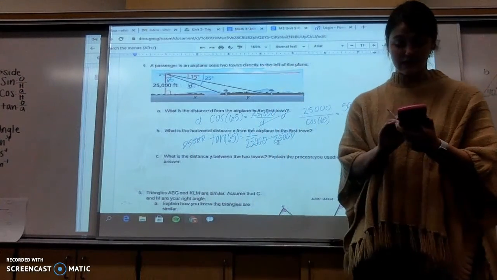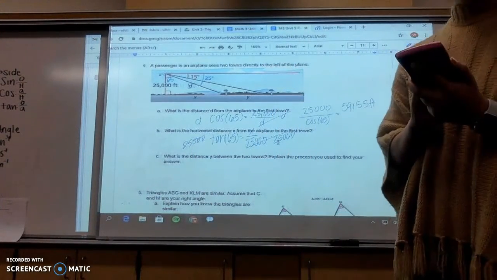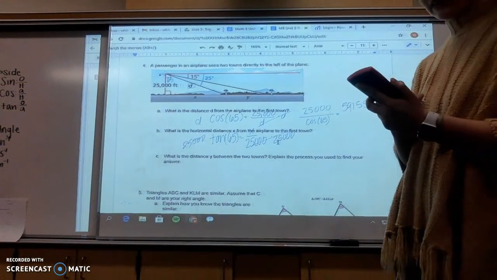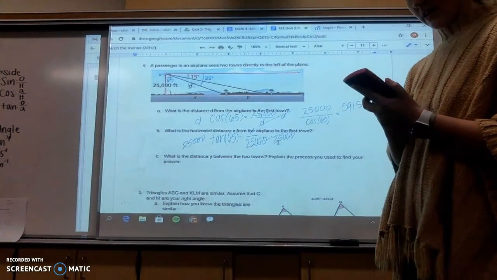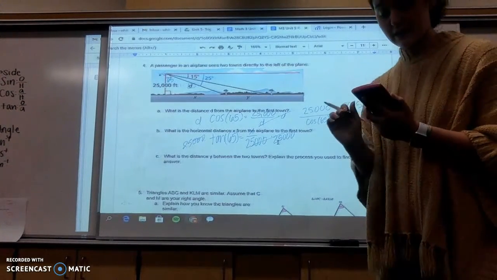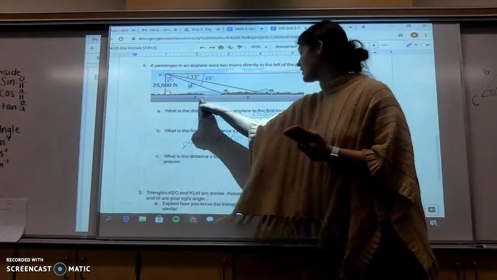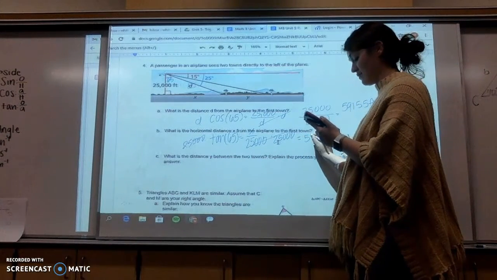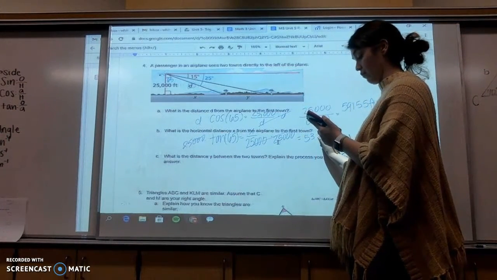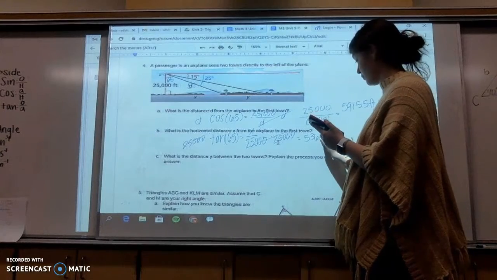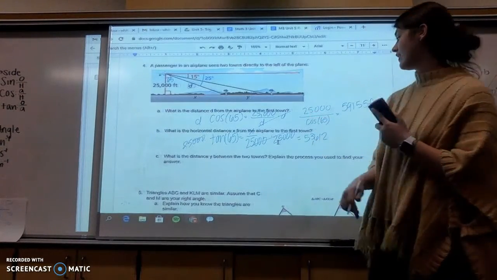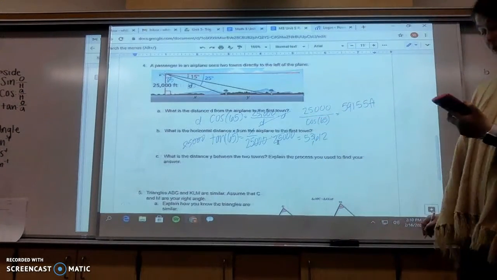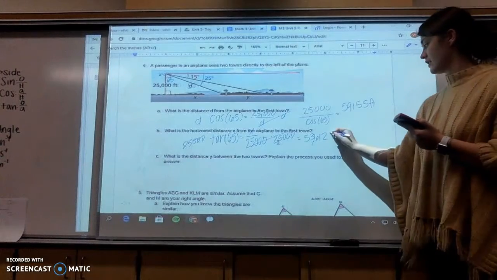So I get 25,000 times tangent of 65. This distance right here is equal to 53,612 feet.